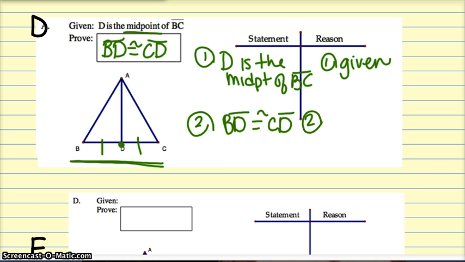So your reasoning can be definition of midpoint. If you want to write an if-then statement, you can say something along the lines of, if a point is the midpoint of a segment, then the segment is divided into 2 congruent pieces.